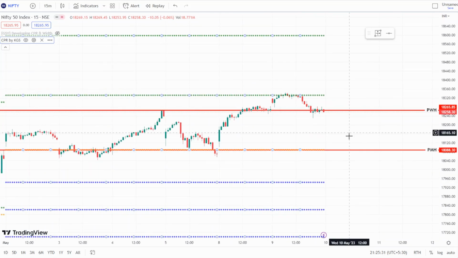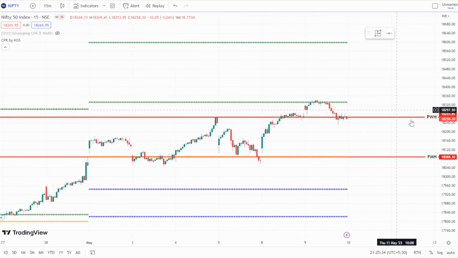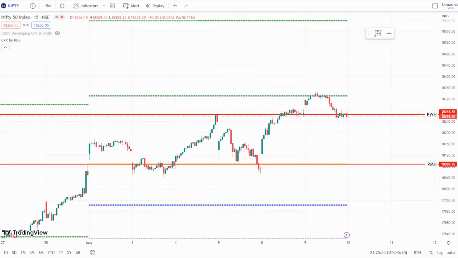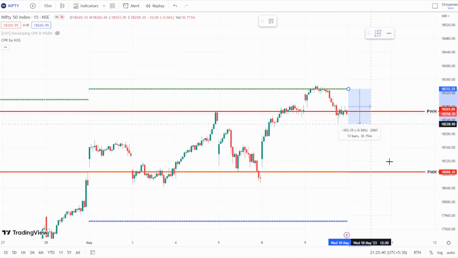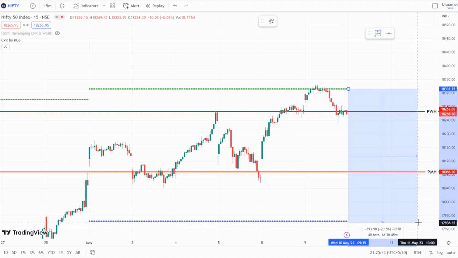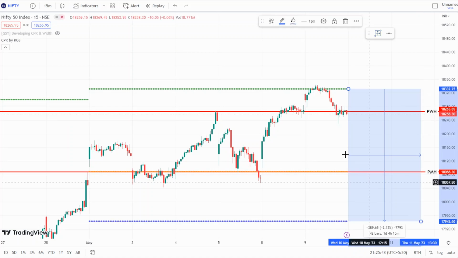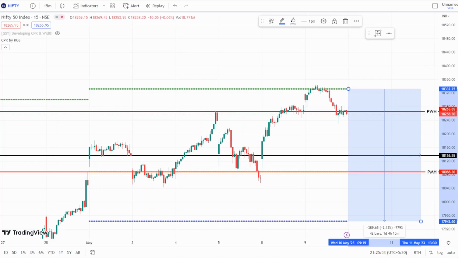Now here you need to understand one more thing. Nifty has already touched monthly R1. Now when it's coming down, I would rather keep this point in my mind as well, apart from 18,200: 18,136.